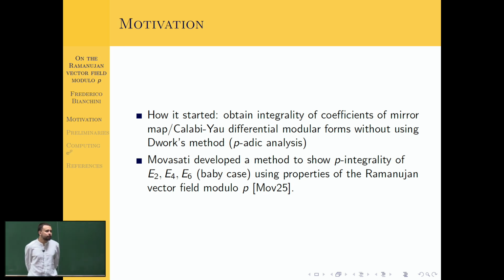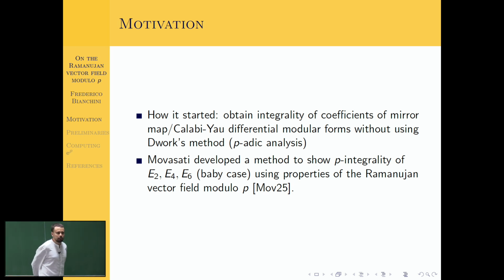And the motivation is the following. It started last year, when Hossein was trying to find a method to prove integrality of mirror maps, and in his context they are called Calabi-Yau differential modular forms, which are not given by hypergeometric functions.